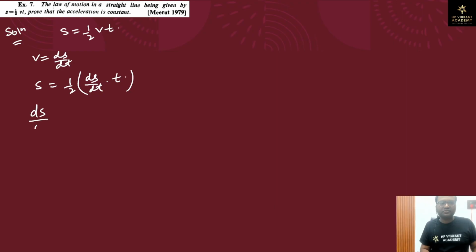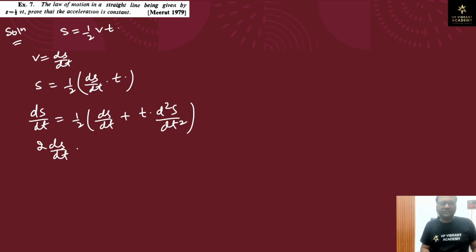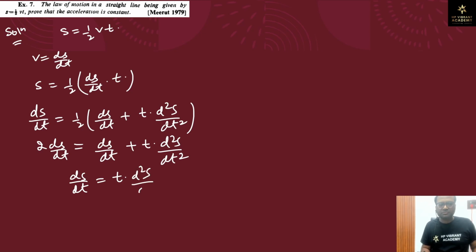So we have ds upon dt is equal to half of ds upon dt into differentiation of t, which is 1, plus t into d2s upon dt squared. So let us put 2 here. So 2 ds upon dt is equal to ds upon dt plus t times d2s upon dt squared. So we have ds upon dt is equal to t times d2s upon dt square.